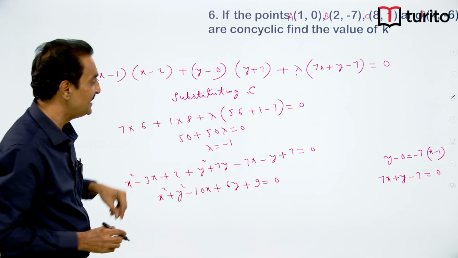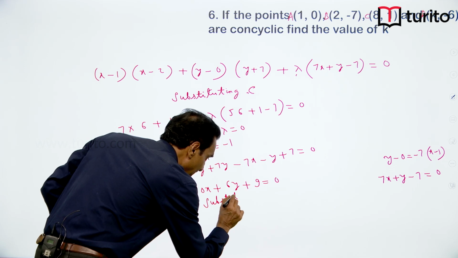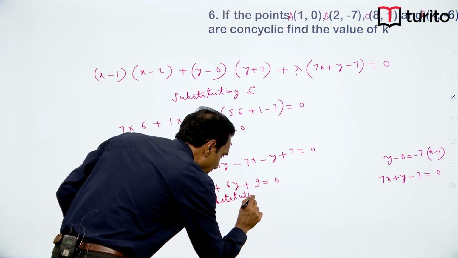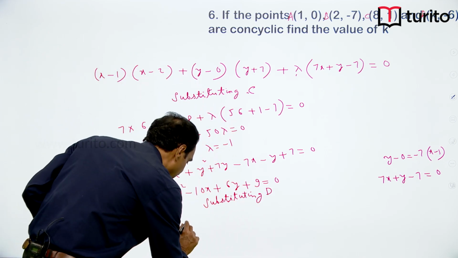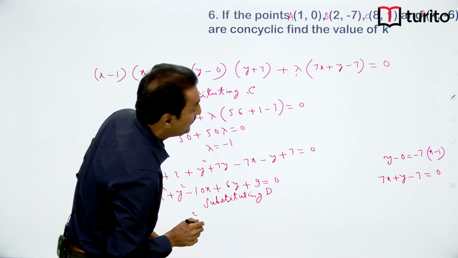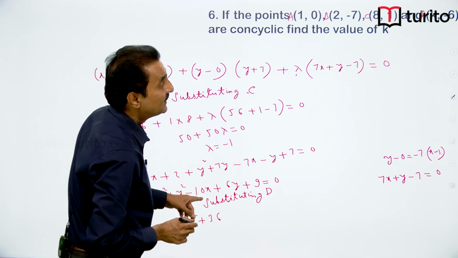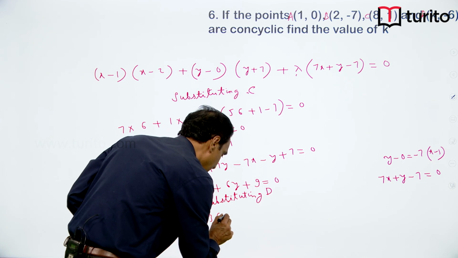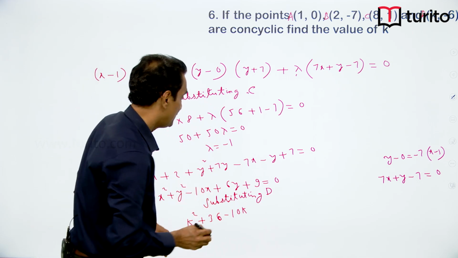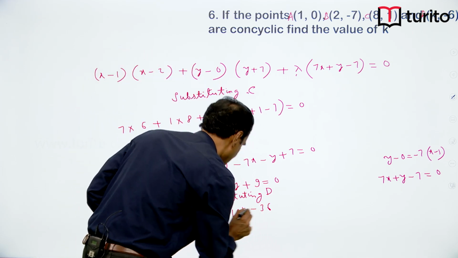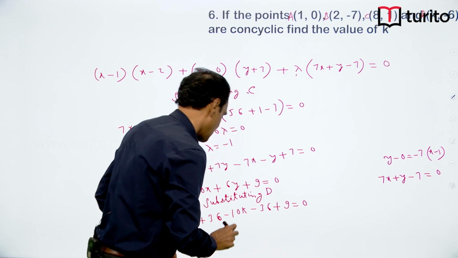Now, substituting point D, k square plus minus 6 whole square, 36, next minus 10k plus 6y is minus 36 plus 9, 36 cancels.